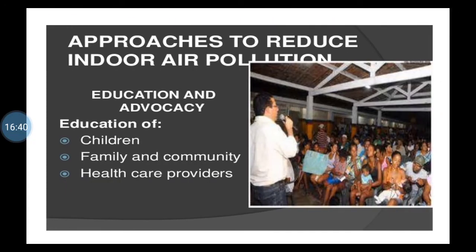Then some other important preventive measures we can discuss, like whatever causes, sources we have seen, those must be blocked, isn't it? Burning of agricultural waste in the field should be stopped, isn't it? Then natural gas or electricity can be used, instead of burning coal tar and agricultural waste.